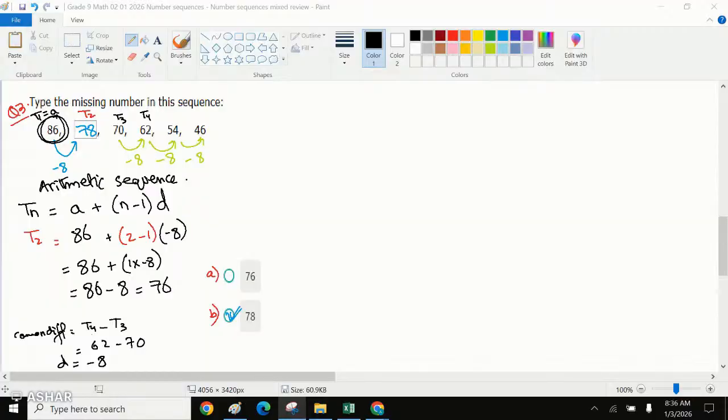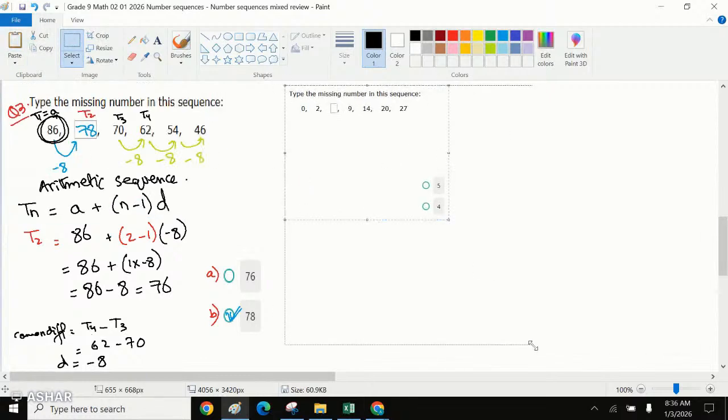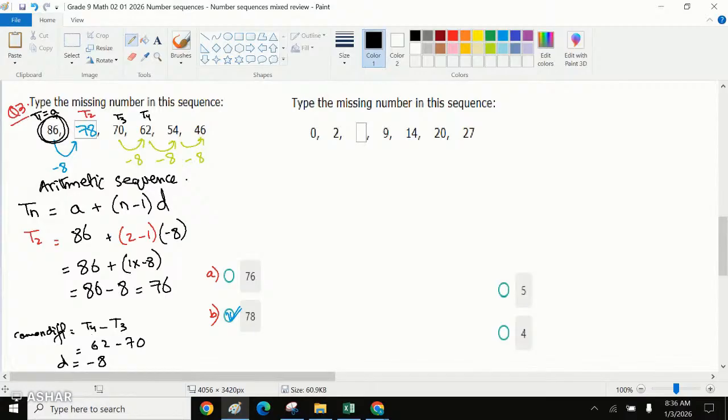This, I think, is more of a geometric. Let's see. Question number 4. Let's see whether it's geometric or a random sequence. Let's look at the differences over here.